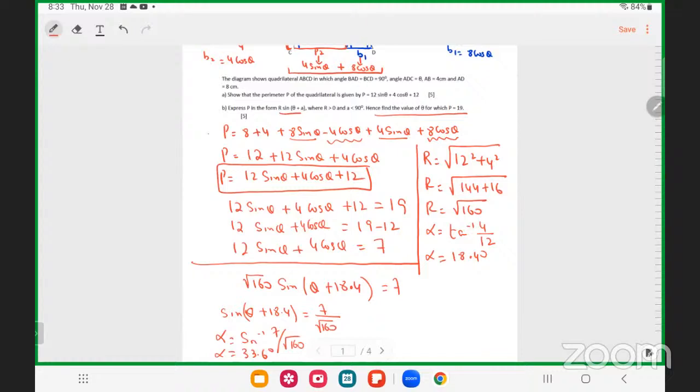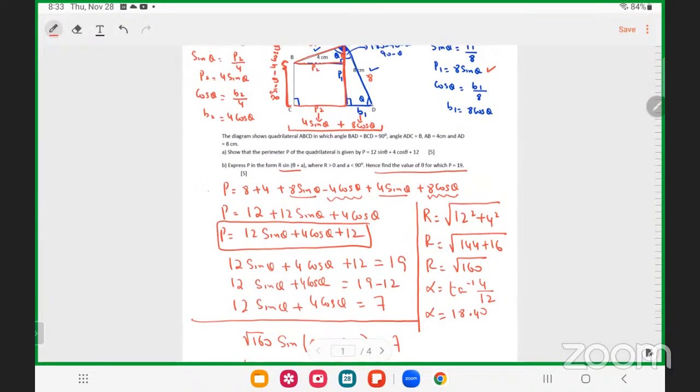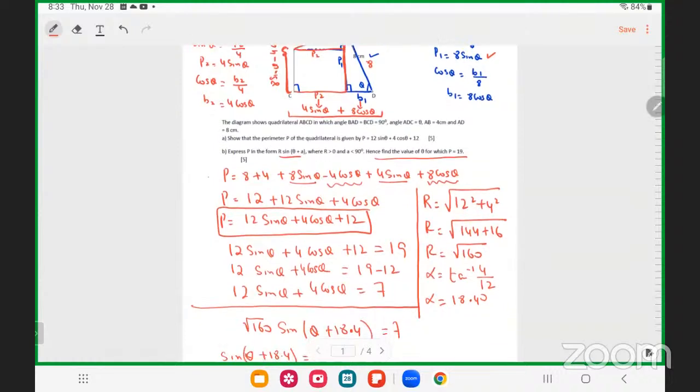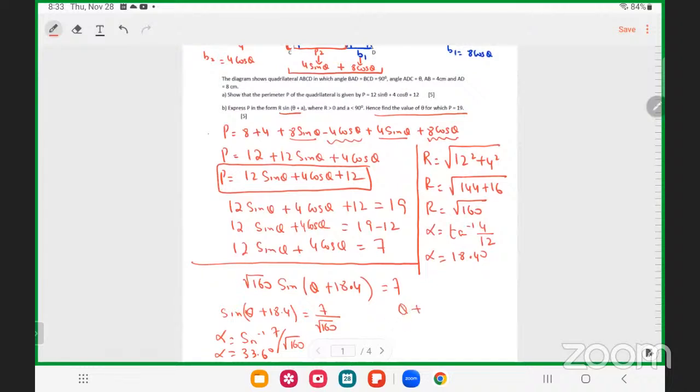Since we need to find theta and we are aware of the fact that theta is an acute angle, theta plus 18.4 is 33.6 degrees. Theta is 33.6 minus 18.4, which is 15.2 degrees. I hope this is clear to everyone. And this marks the end of the first question.